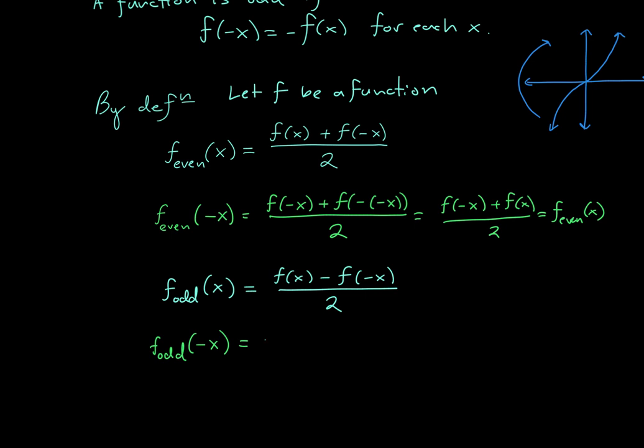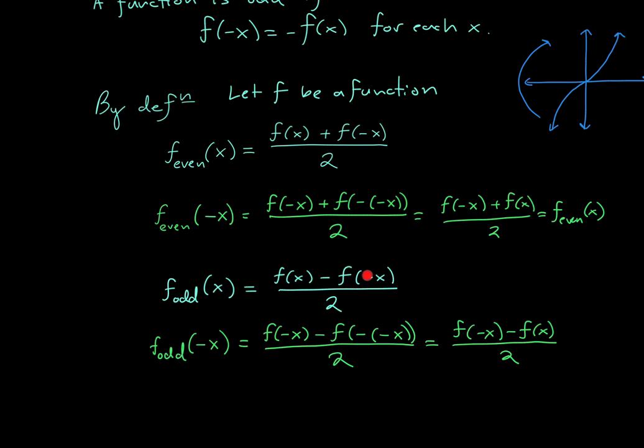So we have f of negative x minus f of x, all divided by 2. This is equal to f of negative x minus f of x, two negatives cancel. Oh, shoot, but that's not quite f odd of x.